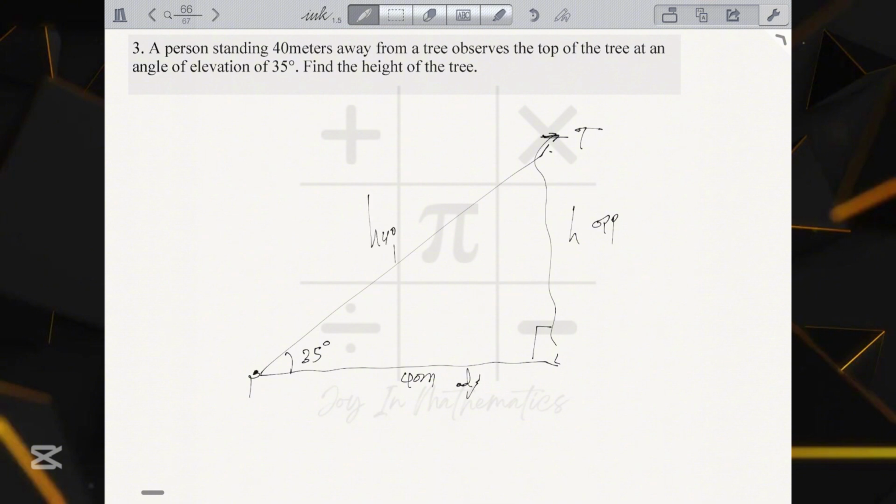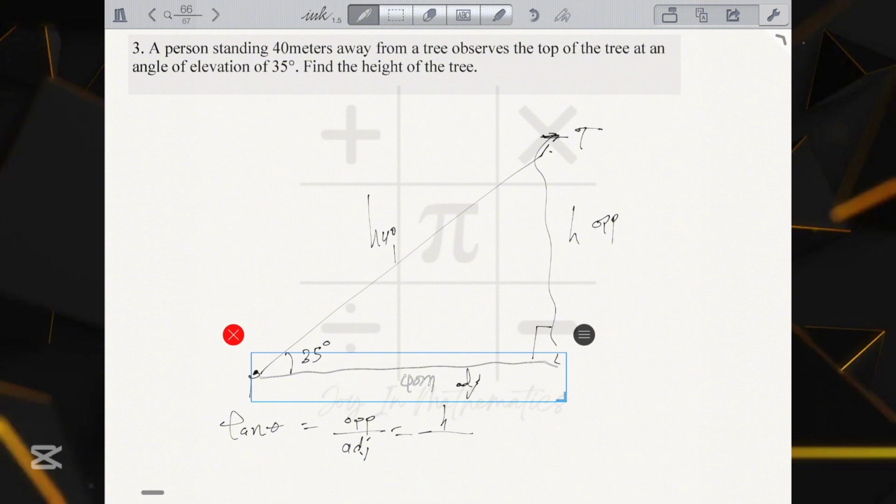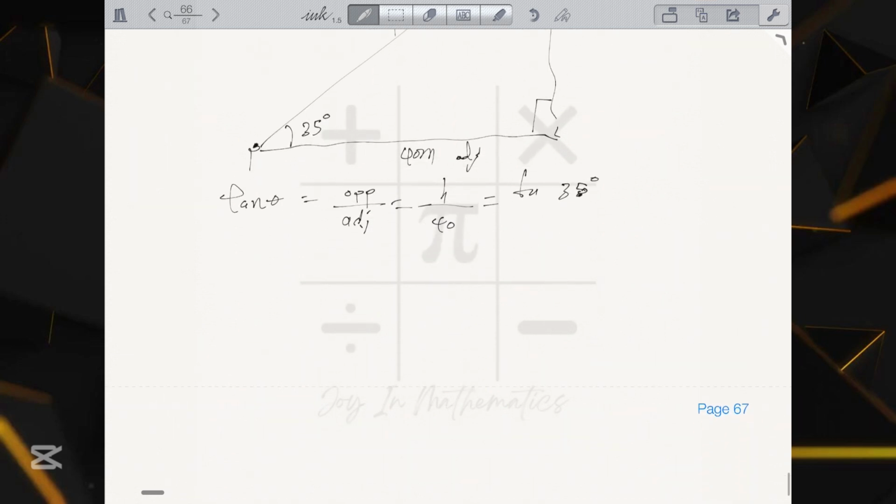So with this, we can simply use tan theta is equal to the opposite divided by the adjacent. The opposite in this case is H, what we are looking for, which is the height of the tree, and the adjacent is the distance from the tree, which is 40. And our theta is 35 degrees. So simplifying further, we have H equals 40 multiplied by tan 35 degrees.